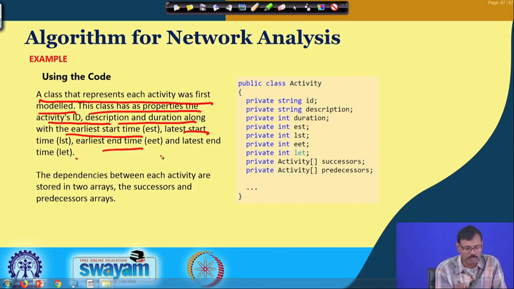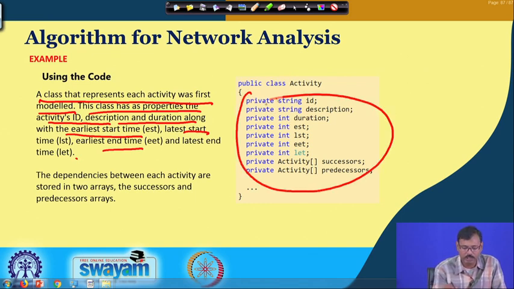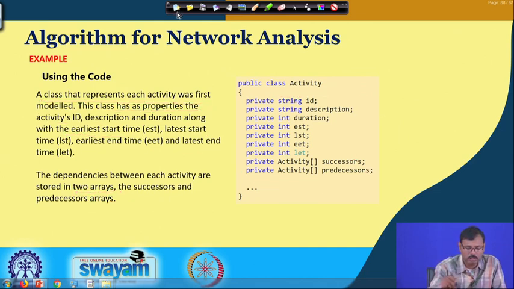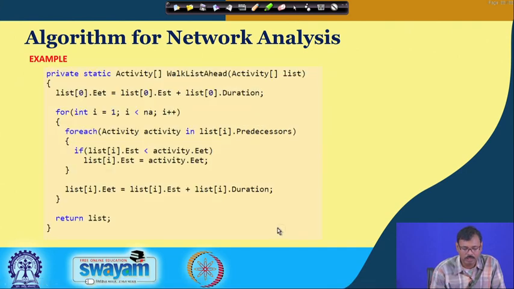These are defined, and the activity successors and predecessors are also defined for each activity as two separate arrays. So, this is basically the way the inputs are given.